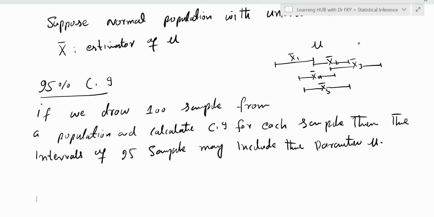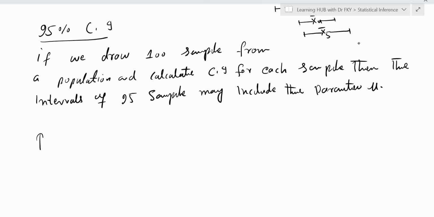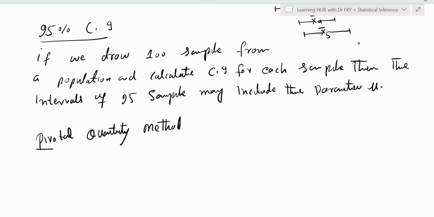Now the question is, we need to develop some procedure for calculating confidence interval, and of course this is theoretical, not from some data. There are various methods, but we will use the pivotal quantity method for the construction of confidence interval.